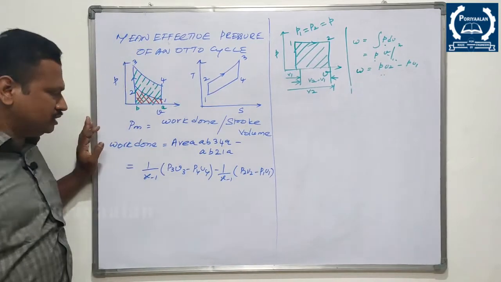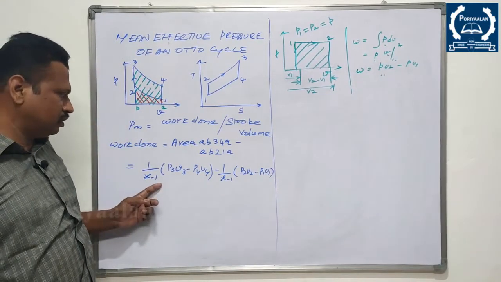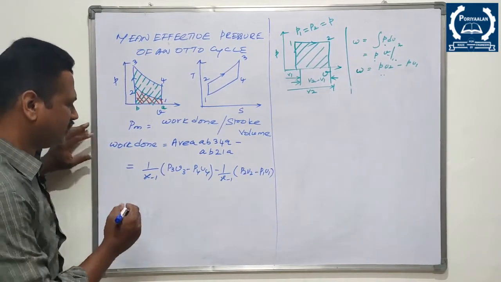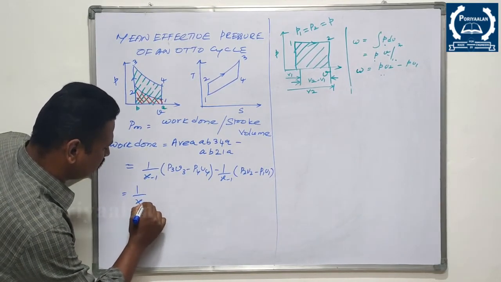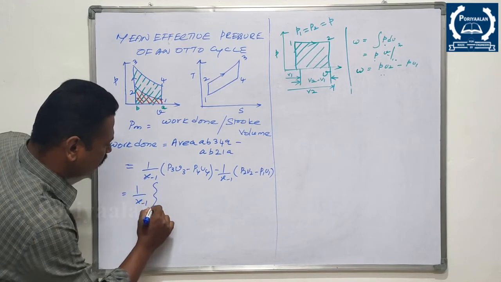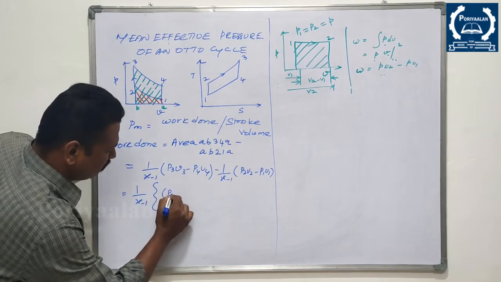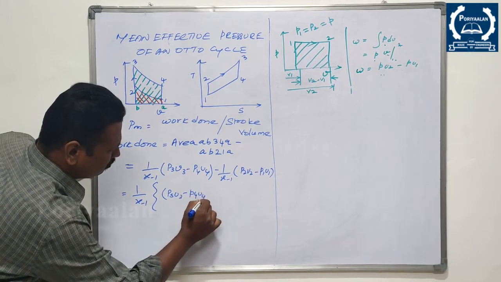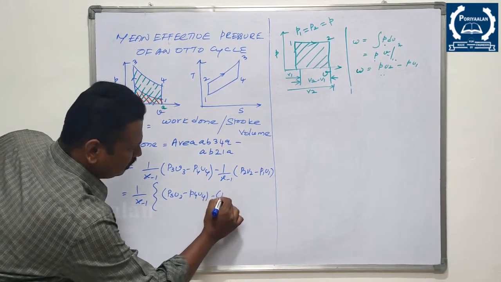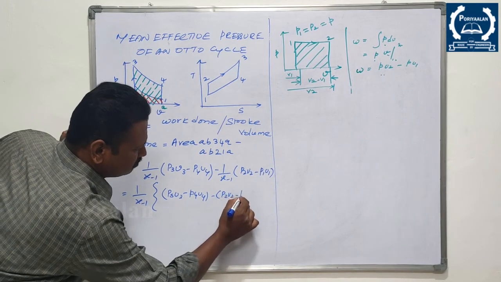What I am doing now is, I am taking this 1 by gamma minus 1 as a common factor outside. So 1 by gamma minus 1 whole multiplied with P3 V3 minus P4 V4 minus of P2 V2 minus P1 V1, right?